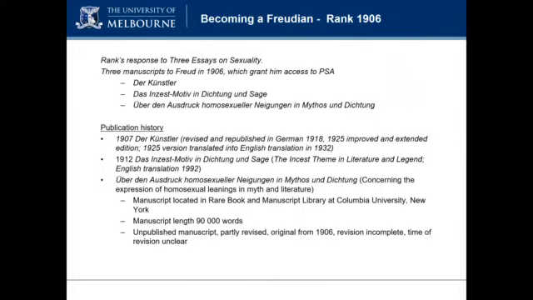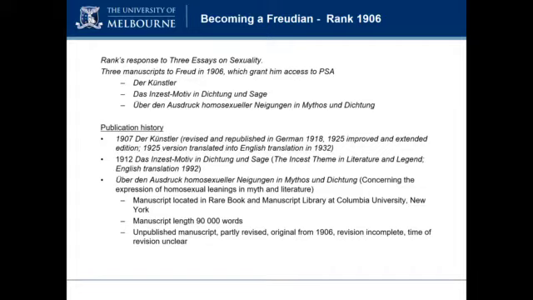His entry ticket into the Freudian circle were three manuscripts that he wrote in response to Freud's Three Essays on Sexuality. So it's a very symbolic entry point. And here are the 3 manuscripts. And the bottom one, Über den Ausdruck homosexueller Neigungen in Mythos und Dichtung, that's the one we're talking about. It's translated roughly as concerning the expression of homosexual leanings in myth and literature.